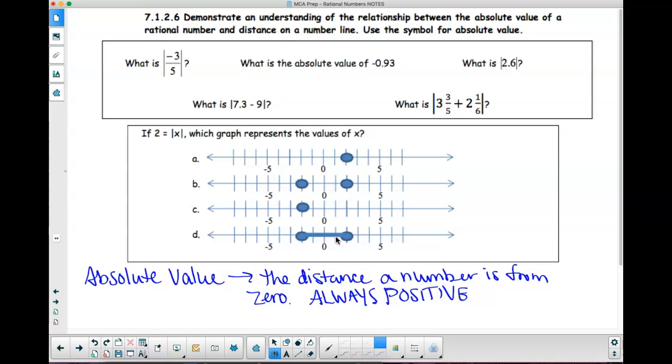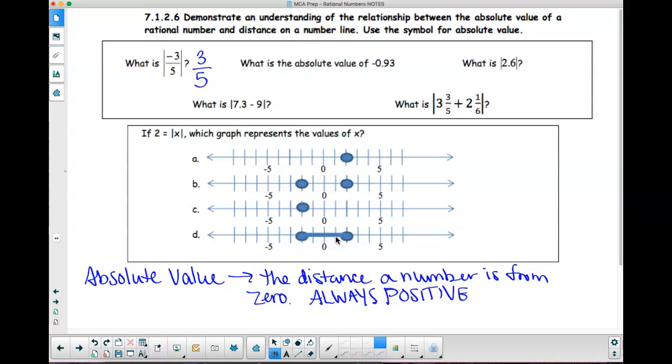So if I said, what's the absolute value of negative 3/5? You would say what? How far is negative 3/5 from 0? 3, what? It's a fraction. So 3/5. Okay? Absolute value is always positive. So the absolute value of negative 3/5 is positive 3/5. Okay?